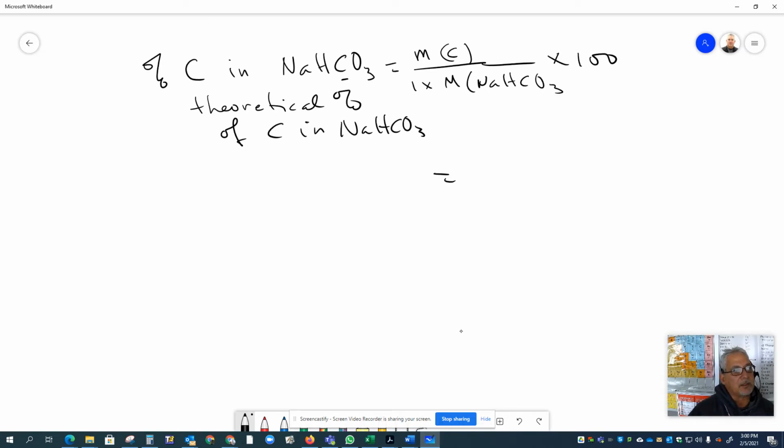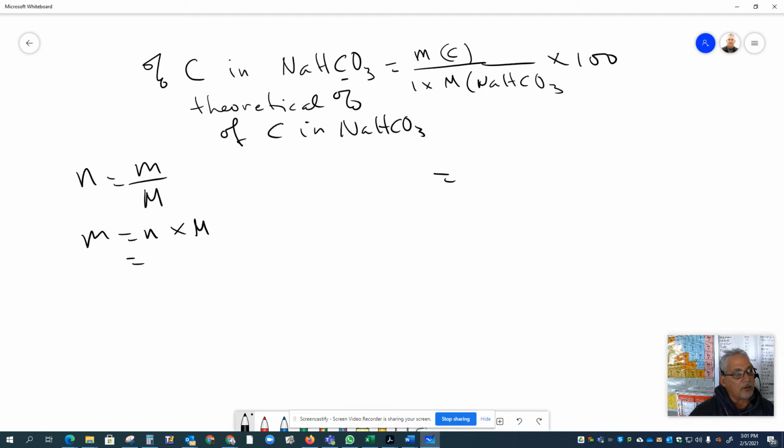What will be the mass of carbon here in the formula? Well, you need to check the periodic table. There is a formula that relates the number of moles with the mass and the molar mass of carbon. So for finding the mass, you need to multiply the number of moles times the atomic mass.